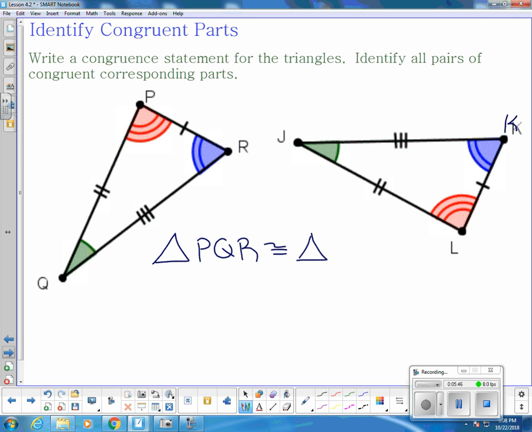L corresponds to P, J corresponds to Q, and K corresponds to R. Very important. You look at how they're marked. They're not always alphabetical order. Okay? And that's okay. We good? We're set.